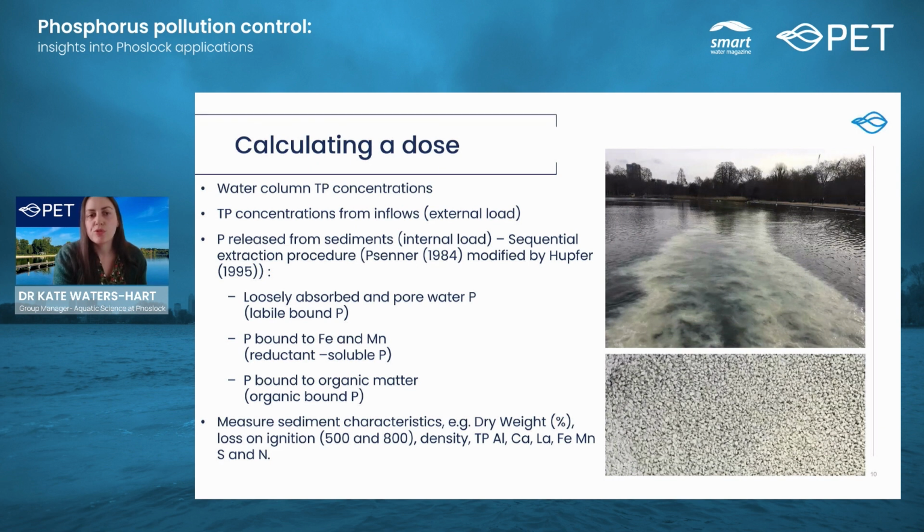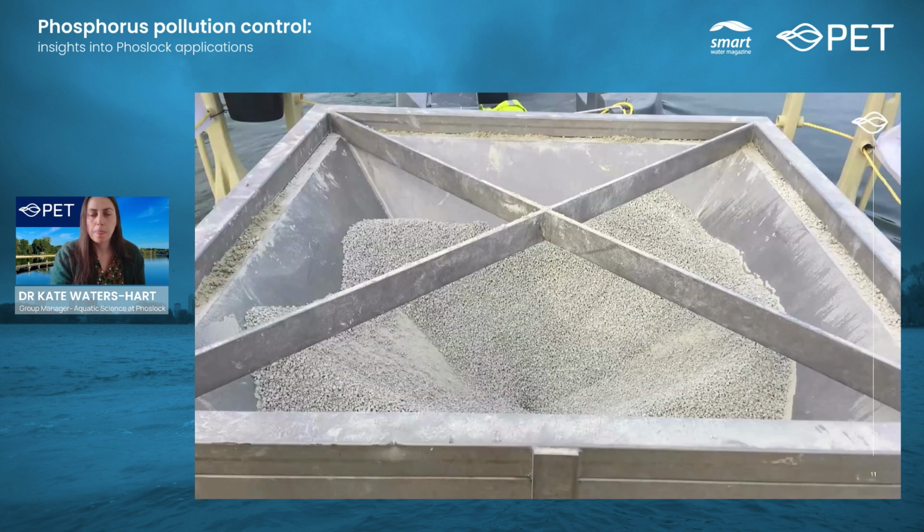We look at how much phosphate is released from iron and manganese bound complexes through anoxia. And we also look at how much phosphate is released from organic matter in the sediment through high temperatures. We also take a number of different measures in calculating a dose, such as dry weight, sediment density, and other elements.